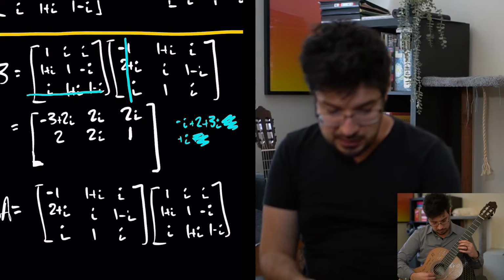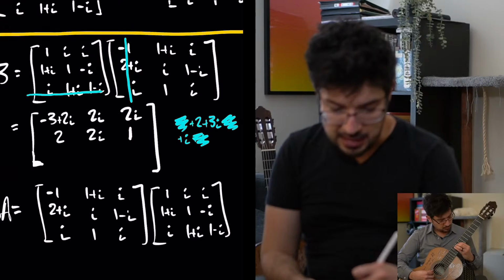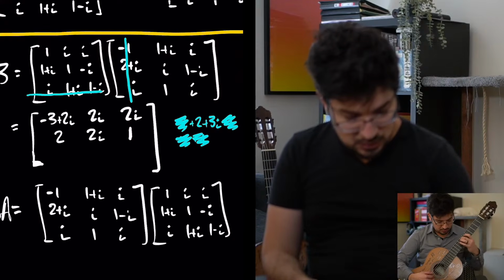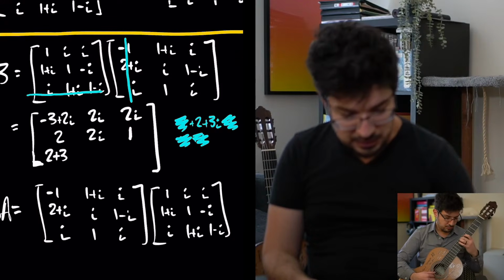Positive 1, negative 1 cancel, negative i and positive i. So this is 2 plus 3i.